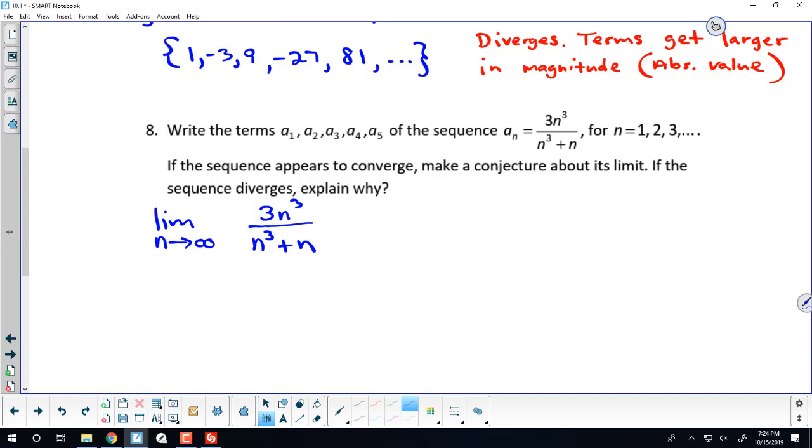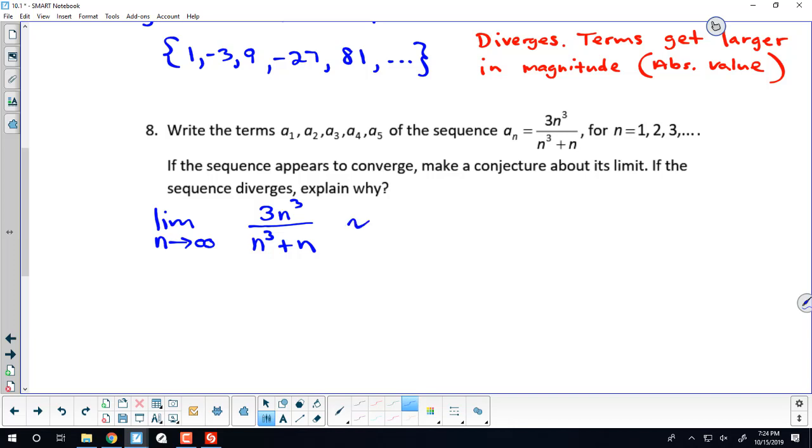Because as n goes to infinity, down on the bottom especially, we have infinity cubed plus infinity. Just think about that as an extremely large number cubed plus the extremely large number. If I add 100 billion to the third power plus 100 billion, it's pretty much 100 billion to the third power, right? You can put that in your calculator to check, but I assure you.